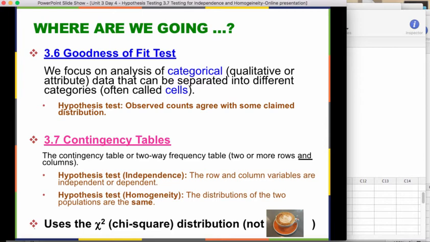And the other type of hypothesis test is homogeneity, where we're looking at whether the distributions of two populations are the same, or if they're not. Both the goodness of fit test and the contingency tables use a chi-square distribution, not to be confused with the chi-t in a square.